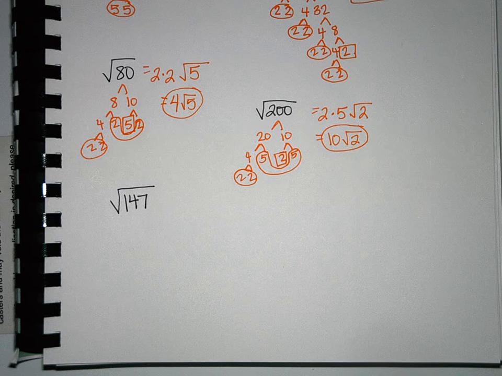So what are two numbers that might go into 147? Anyone think they know a number that divides into it? 21 and 7.